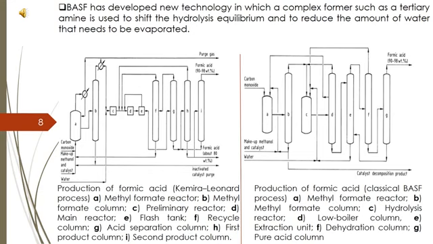As we already have discussed in detail, there were two options: either to use water in excess to move the reaction in the forward direction, or to use some base that can make an adduct with the formic acid to move the reaction forward, as the product will be moved into the adduct, and there will be a decrease in the concentration of the product, so the reaction will move in the forward direction.